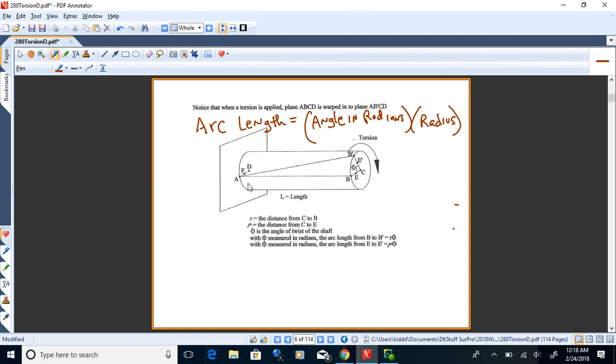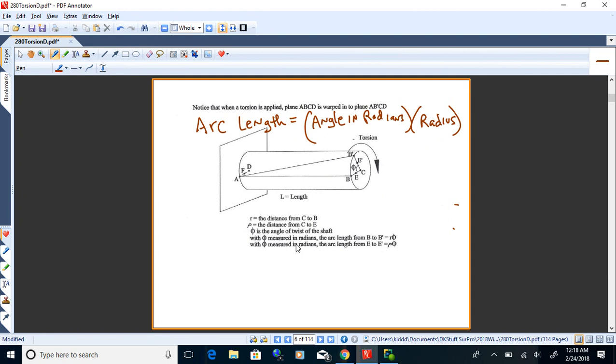All right, now let's look at a shaft. Let's take this horizontal line here from A to B before the shaft is loaded. Let's start with that horizontal line, and then let's twist the shaft a little bit with a torsion. What's going to happen there is B is going to roll up to B prime. Now, that arc length from B to B prime will be the angle in radians times the radius.